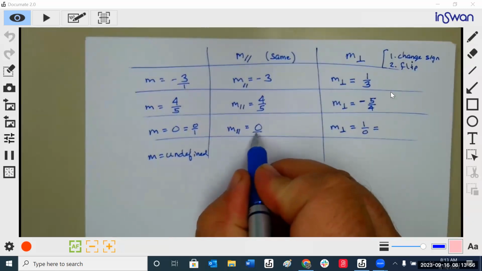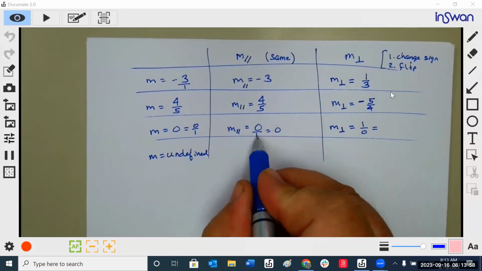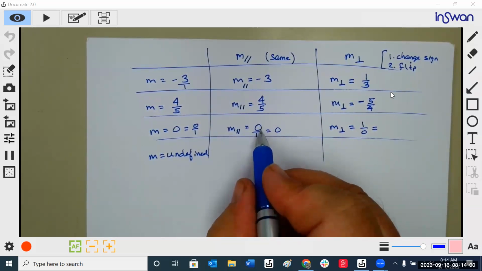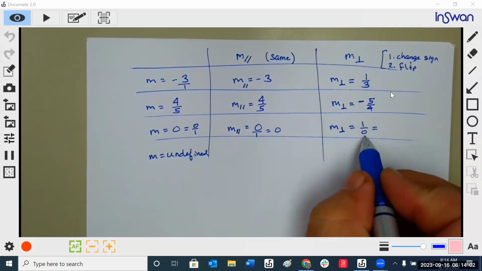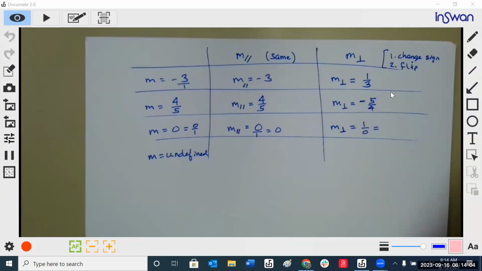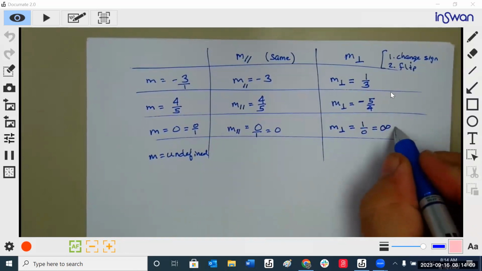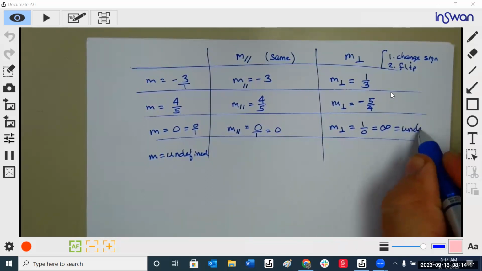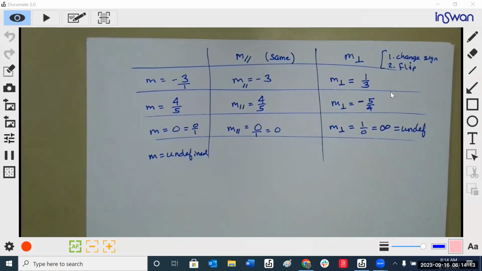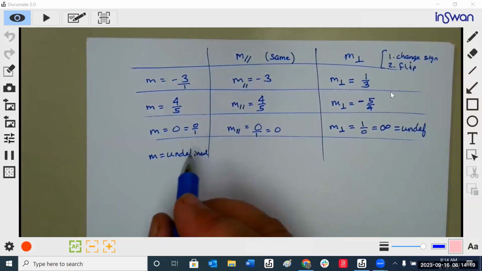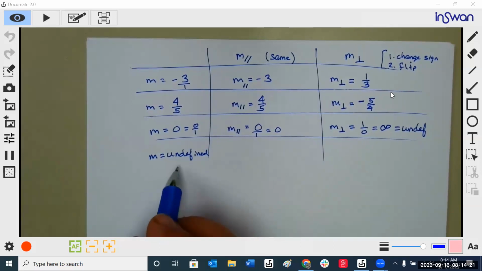Well, this one is 0/1, which is 0. How many times does 1 go inside 0? 0 times. But how many times does 0 go inside 1? Infinite. So that's why this is called undefined. So if we see a slope that's undefined, we know that it's 1/0.